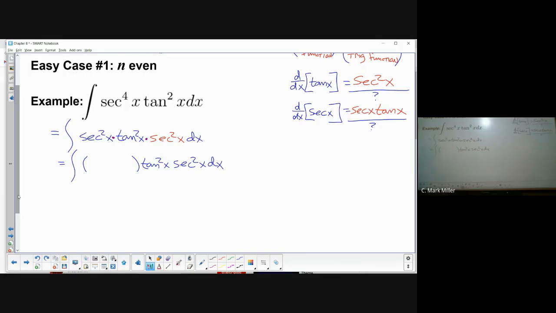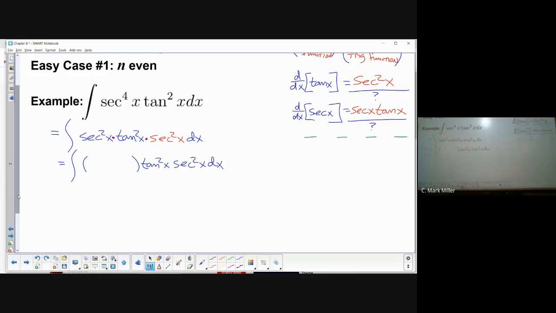What were you saying? 1 plus cosine or sine? You're in the right kind of direction, but no. 1 plus tangent squared. Yes. So secant squared is 1 plus tangent squared.